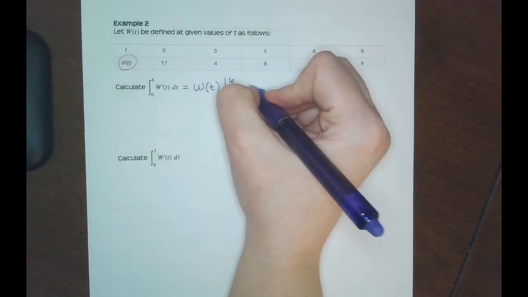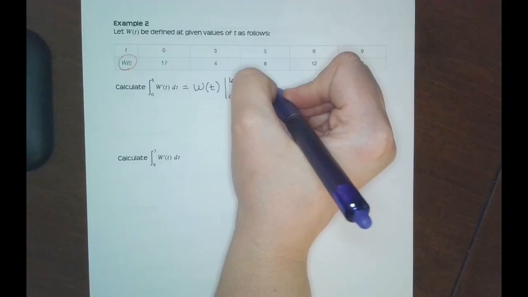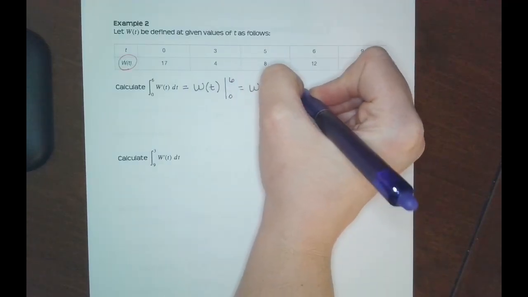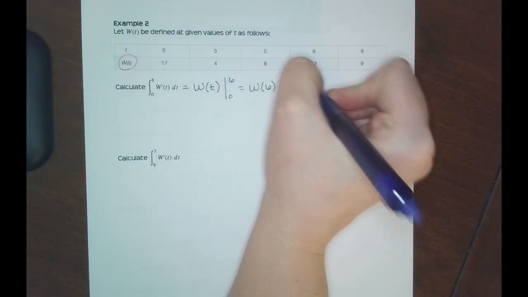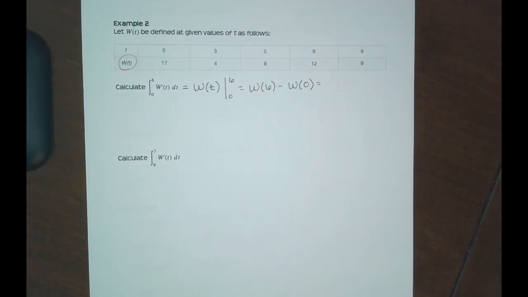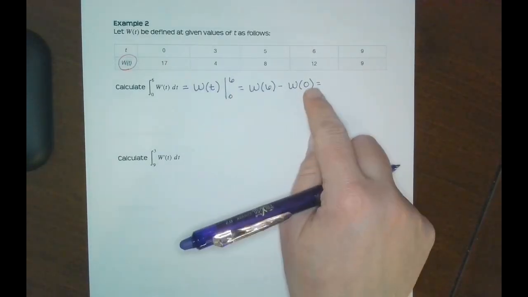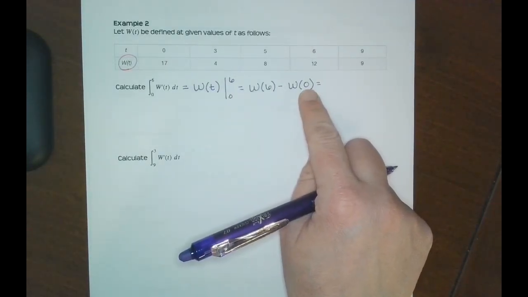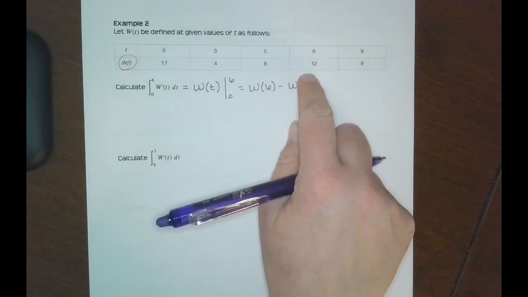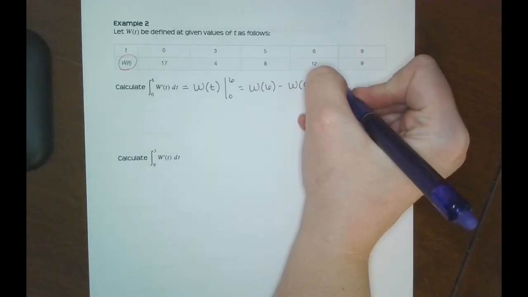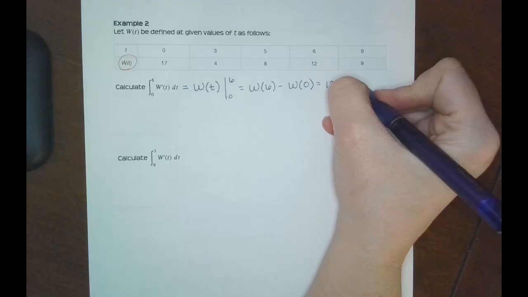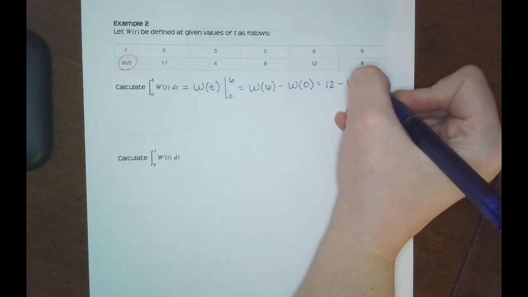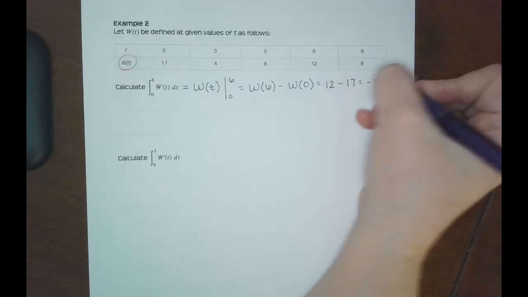Well, that's just W of 6 minus W of 0. And conveniently, those numbers are in the table for you. Now, this is a great example of a place where a 0 does not just automatically equal a 0, because W of 6 is 12. W of 0 is 17. And so this gives us negative 5.